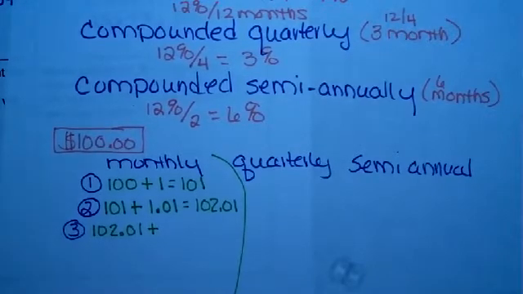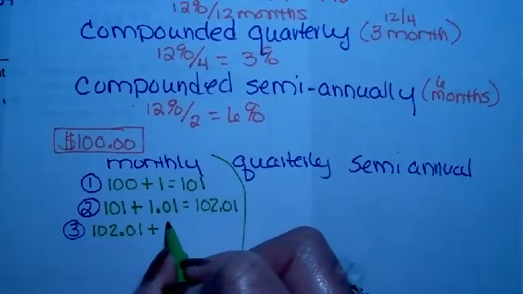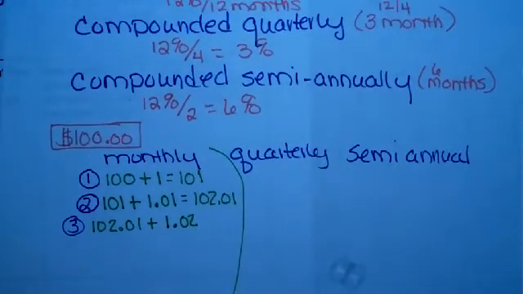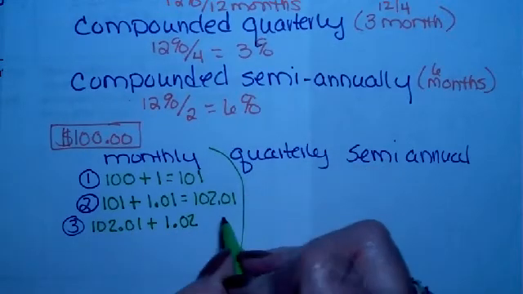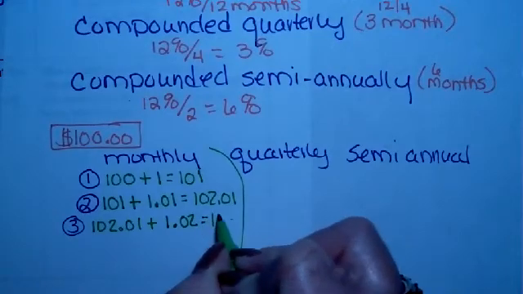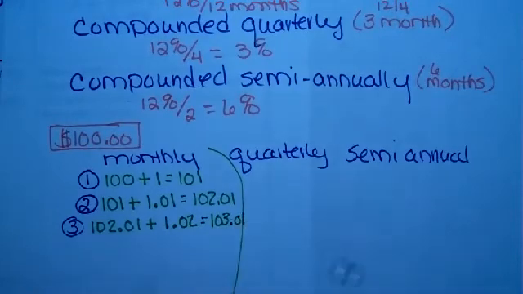Basically what I'm going to add here is $1.02, because I take 1% of that to 2 decimal places, because it's money. So what I'm going to have is $103.01 roughly. Now that's the end of the third month.